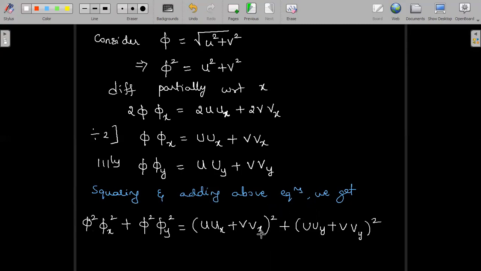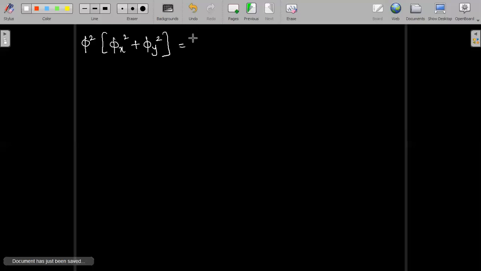Now we will expand a plus b whole square for both these expressions. So on the left hand side I will take phi square common, and on the right hand side I will have to apply the a plus b whole square formula. This gives us phi square into phi x square plus phi y square is equal to right hand side u ux plus v vx whole square.